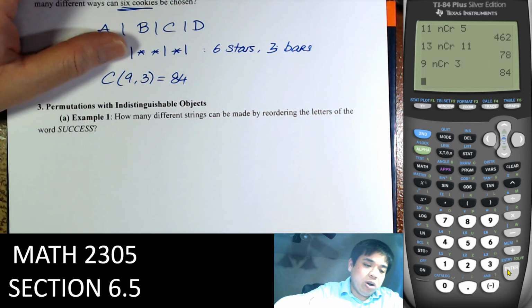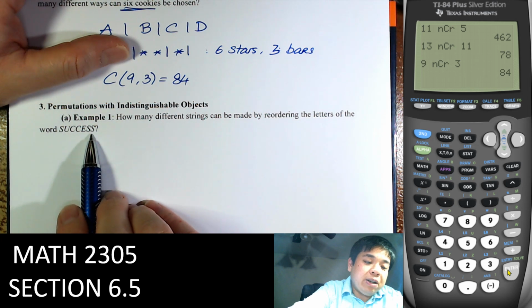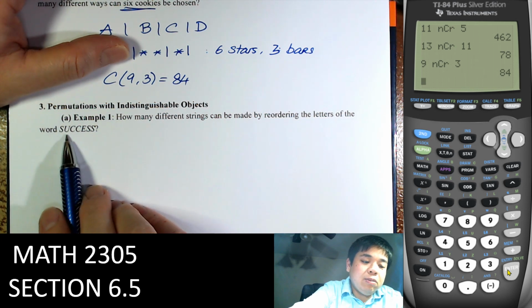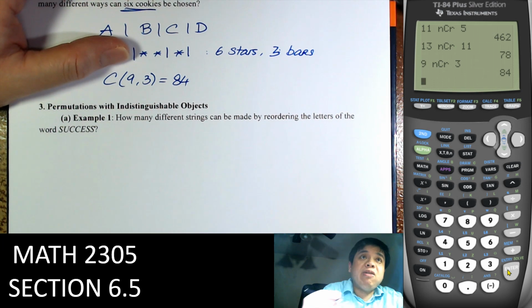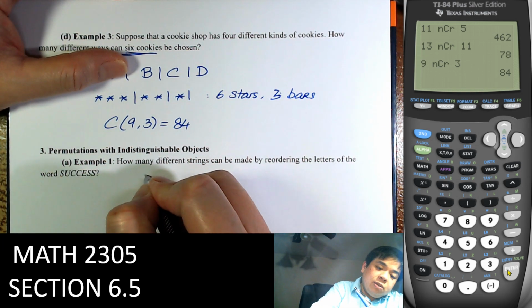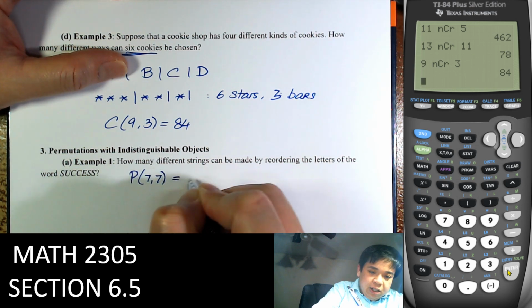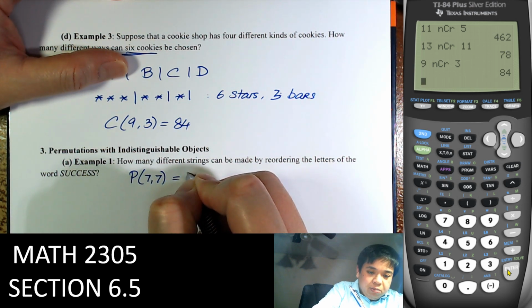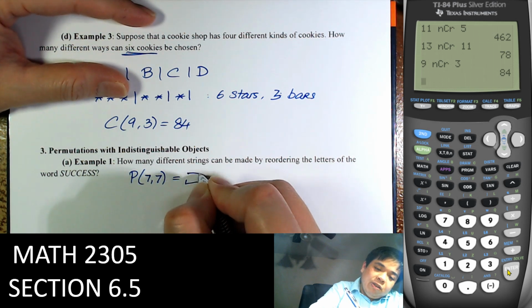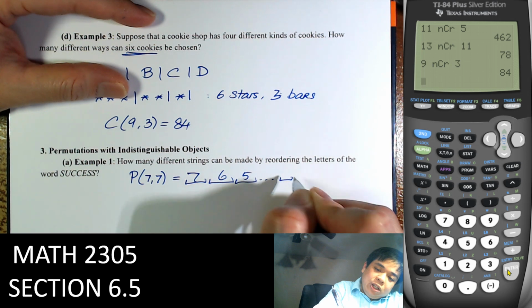Let's see how many letters it has: 1, 2, 3, 4, 5, 6, 7. Seven in total. If we want the permutation of 7 out of 7, that is of course 7 for the first position, then 6, 5, 4, 3, 2, 1.